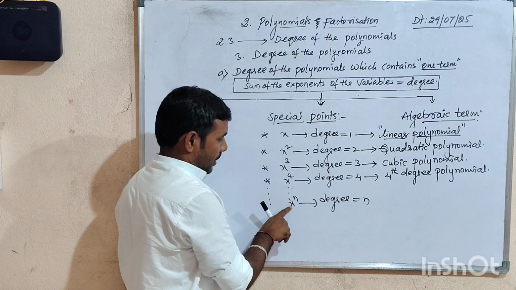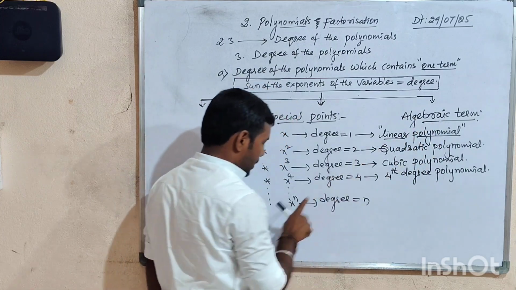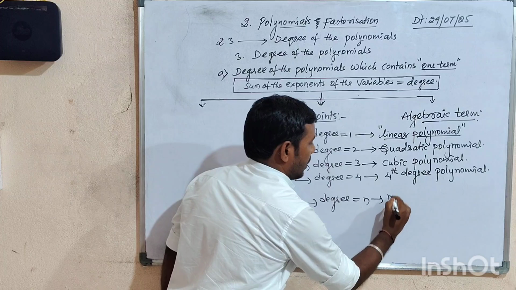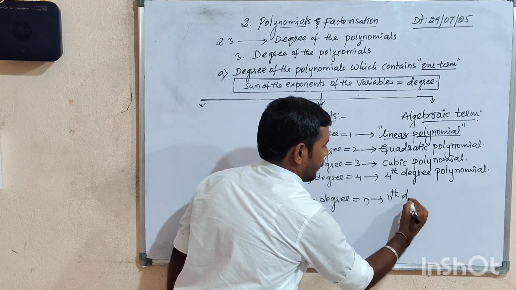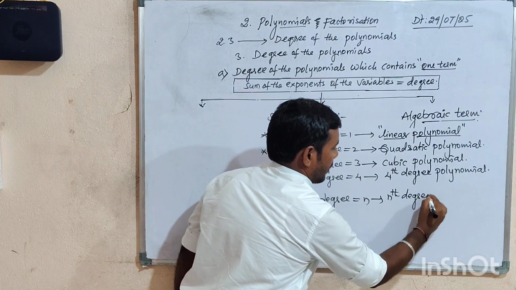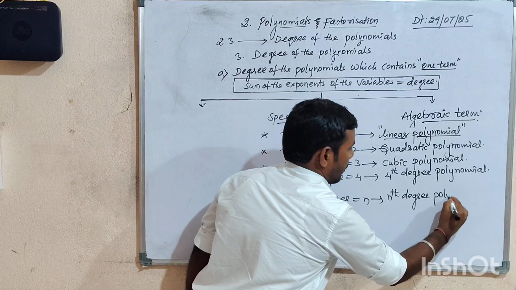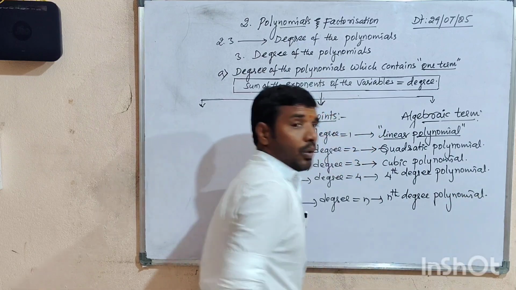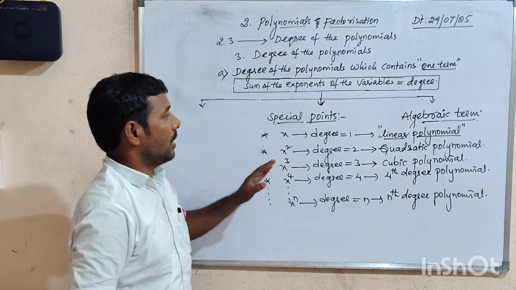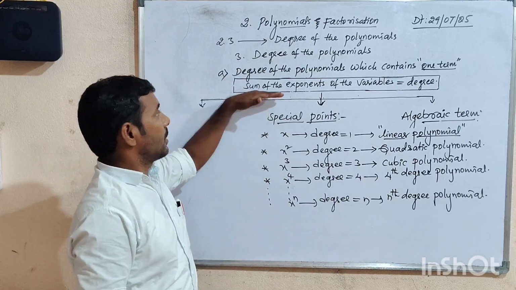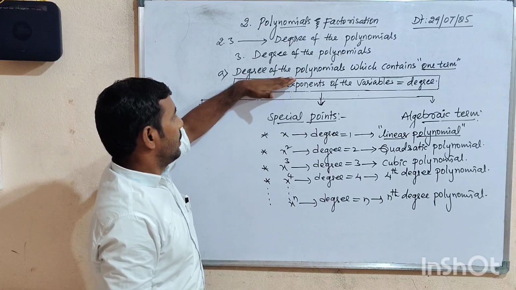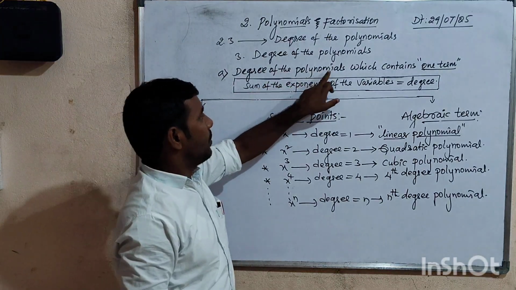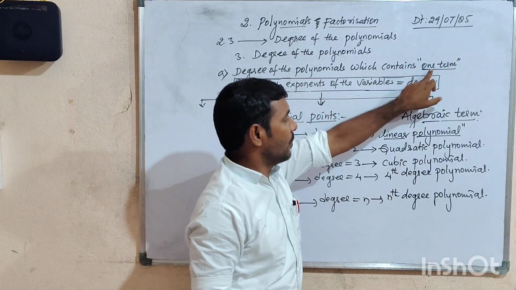Similarly, the algebraic term which contains degree n is called an nth degree polynomial. Okay students, this is the main thing under the title of degree of the polynomial which contains one variable.